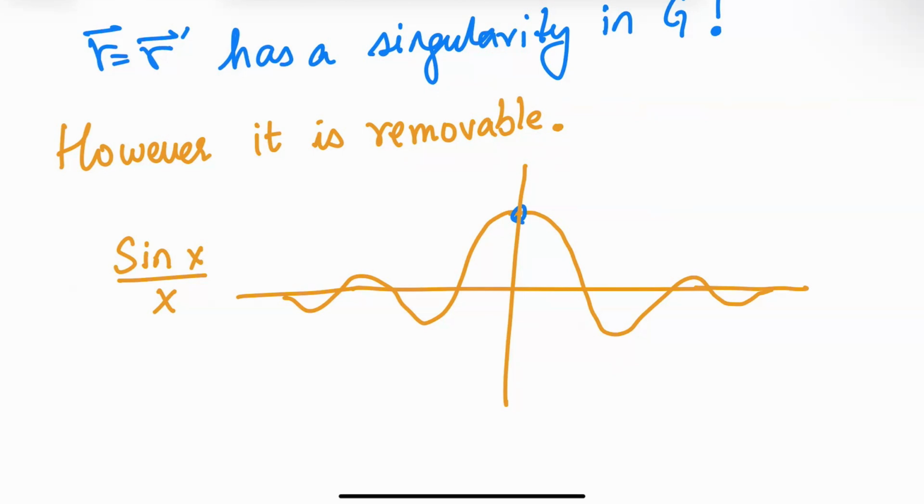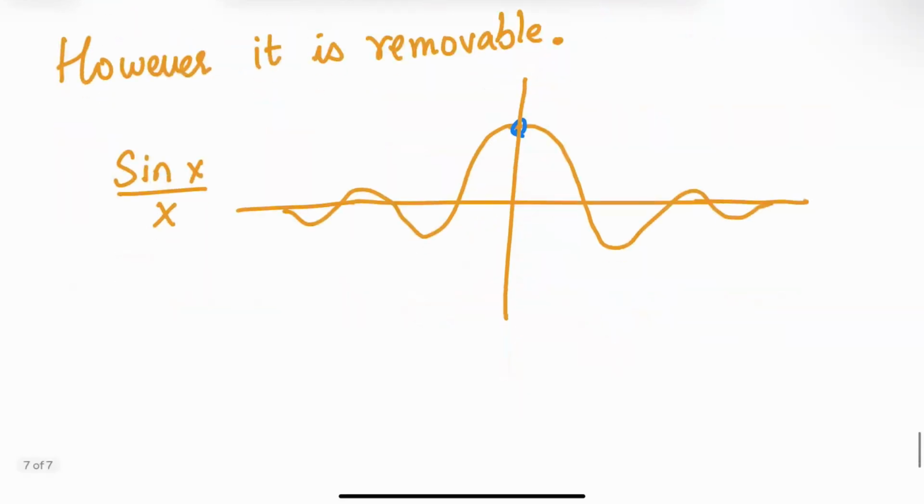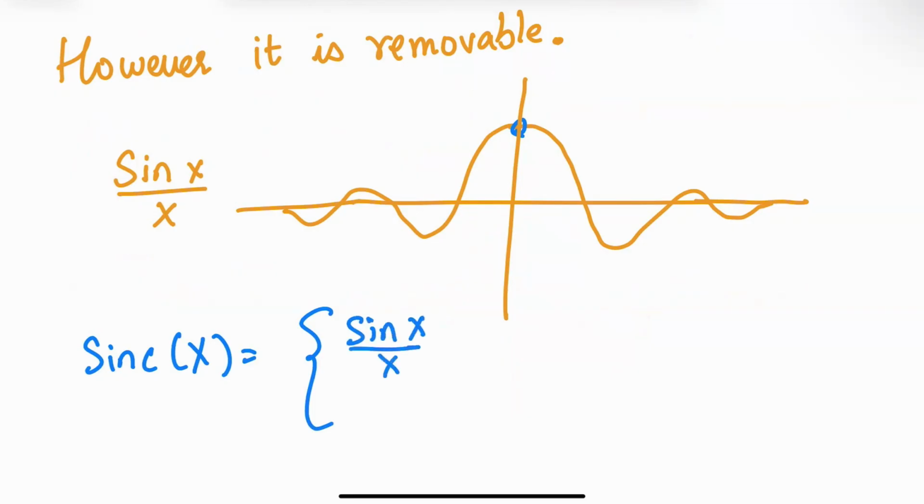Because at x equal to 0, you have kind of 0 over 0. So what we do is that we define the sinc function equal to sine x over x when x is not equal to 0, and we say it's equal to 1 when x is equal to 0.